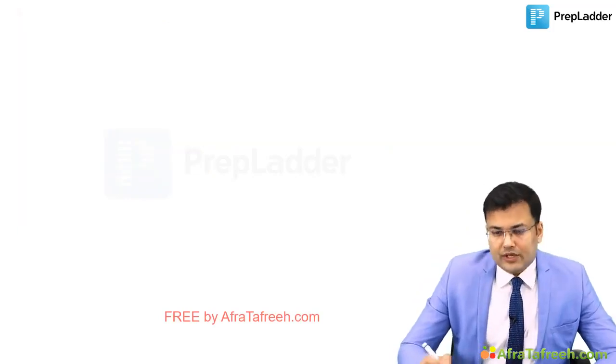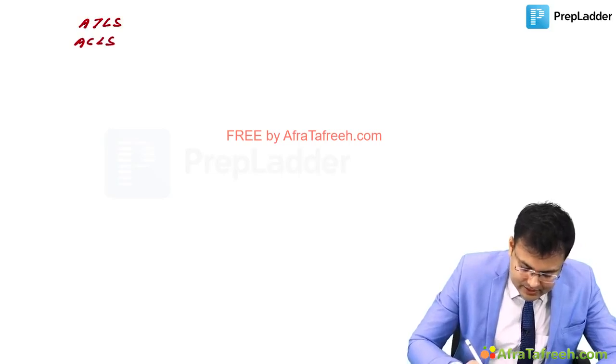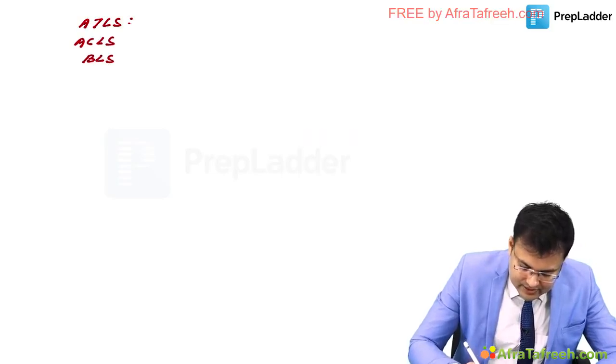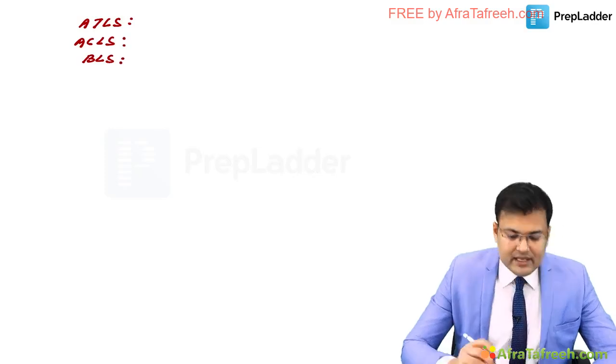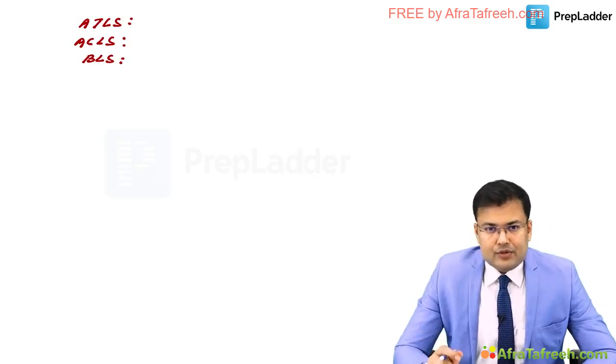So there are three terms which are commonly used. One is ATLS, second is ACLS, and third is BLS. Clear? So what is the full form of ATLS? ATLS is Advanced Trauma Life Support.